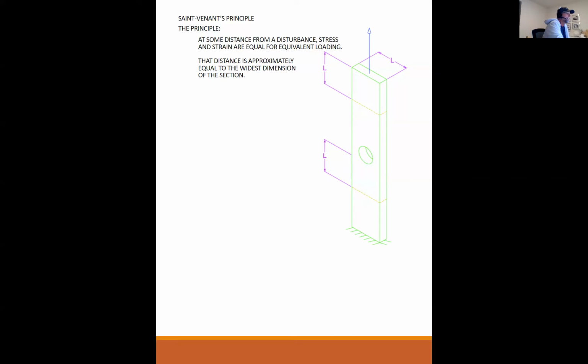For Cassidy, do we still have to have the printed version of the book? Well, I guess the answer is no, but I think you're going to want a printed version of the portions of the book that you're going to be tested on, because the test is going to be on your screen.